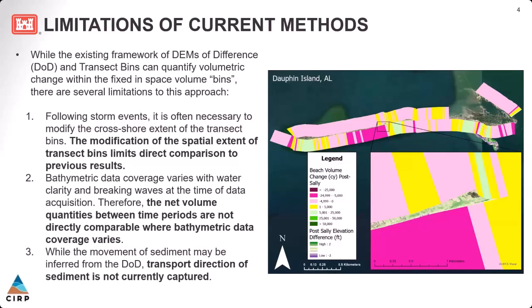Not only does the modification of these transect bins take a lot of time and labor, but it also makes volumes computed over several distinct periods in time difficult to compare one with another. And with that comparison being more difficult, it's also more difficult to use to inform a broader understanding of coastal change because these bins are changing.